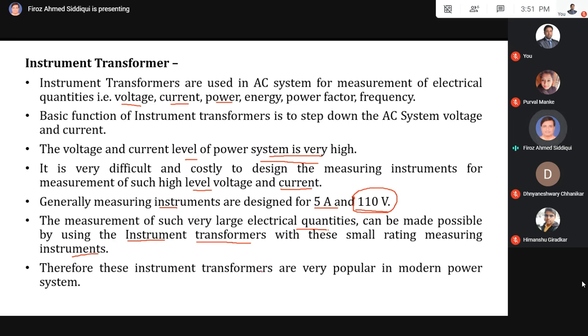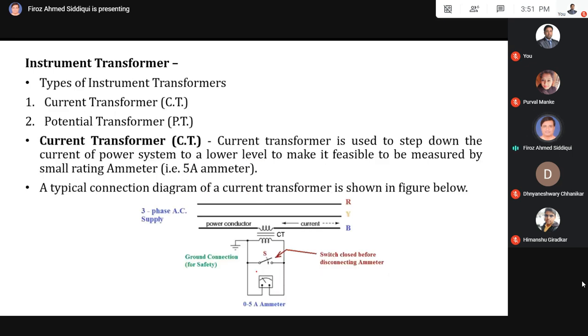Therefore, these instrument transformers are very popular in the modern power system.